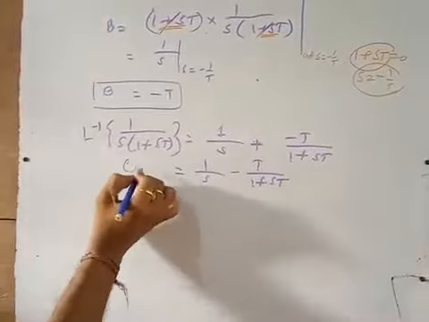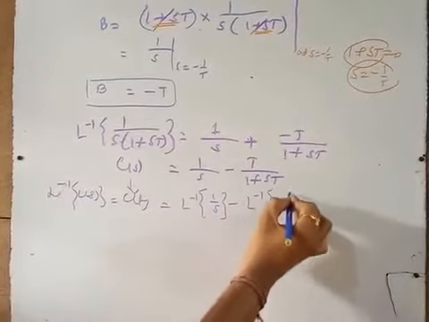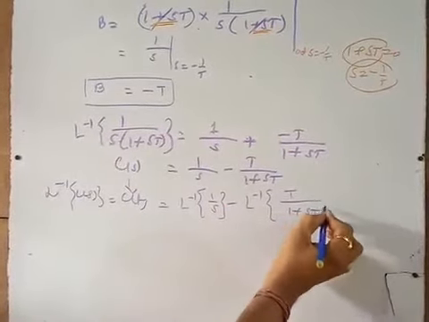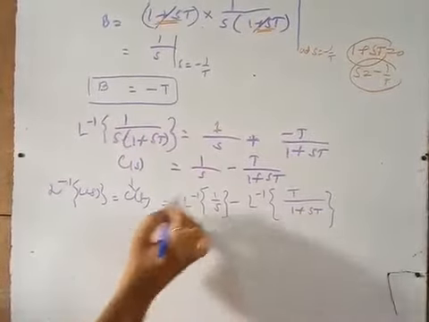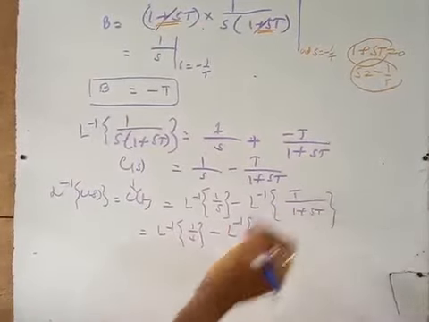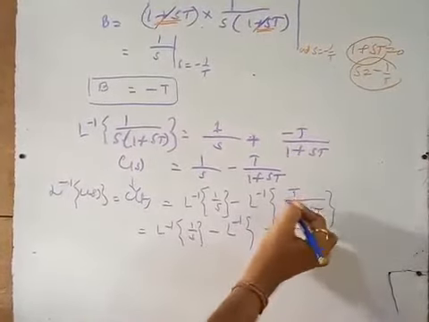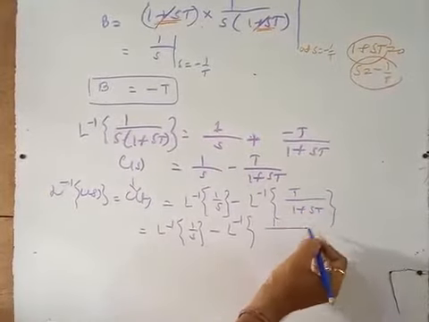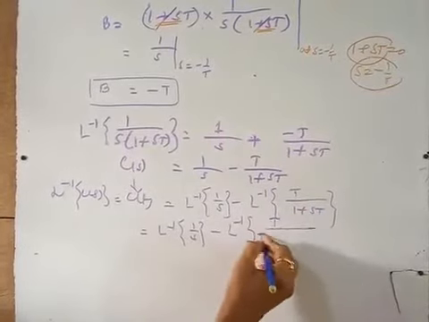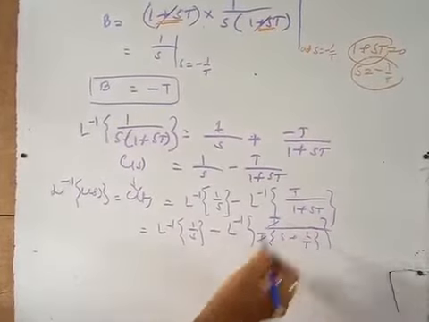So now you get the value of CS, and if you take the Laplace inverse of CS, you get CT equal to Laplace inverse of 1 by S minus Laplace inverse of T by 1 plus ST. You can write 1 by S minus L inverse of, divide this numerator and denominator by T. You get TS plus 1 by T, so T will be cancelled out.